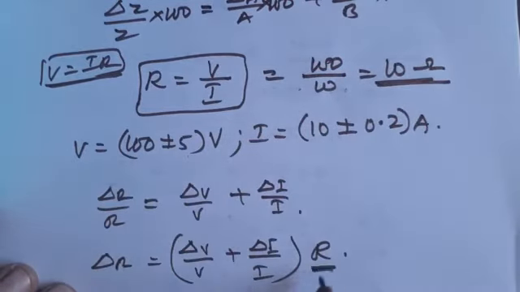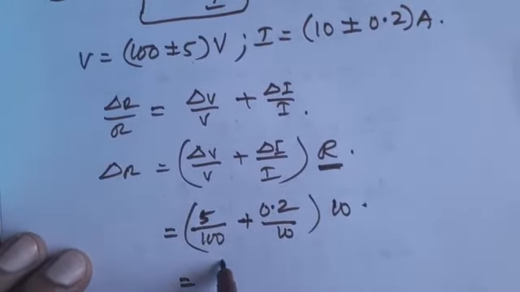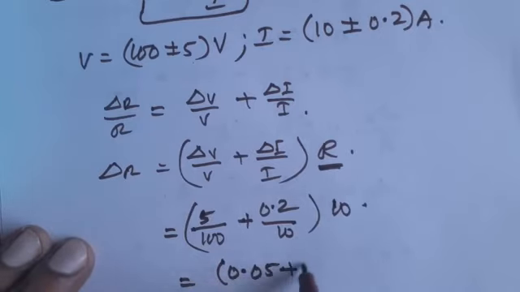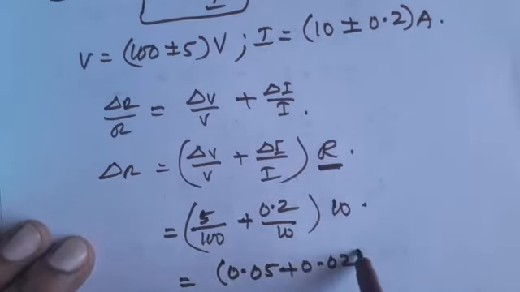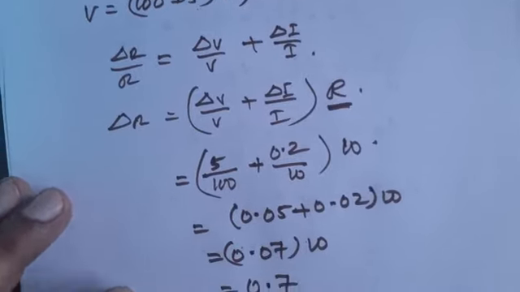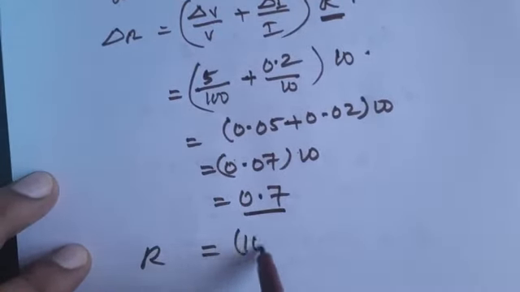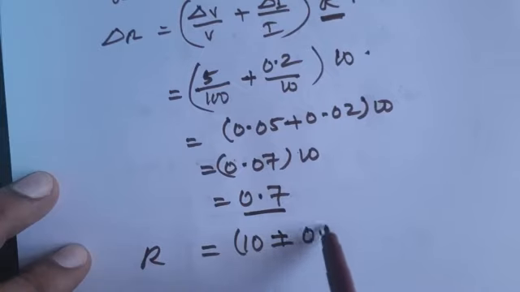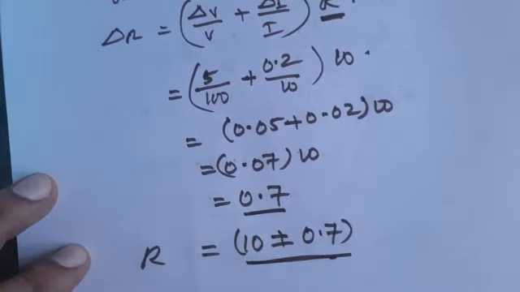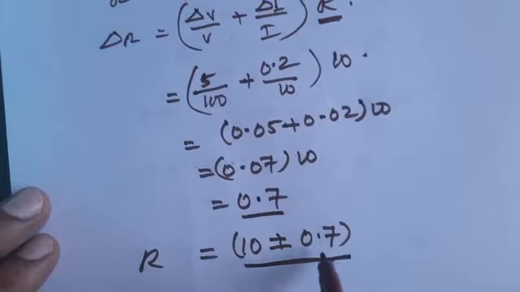So R equals 10. Now simplify: 0.05 plus 0.02 into 10, which gives you 0.07 into 10, which is equal to 0.7. So R equals 10 plus or minus 0.7. So this is our value of R with its error limit.